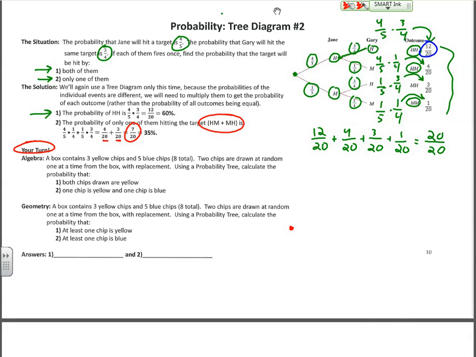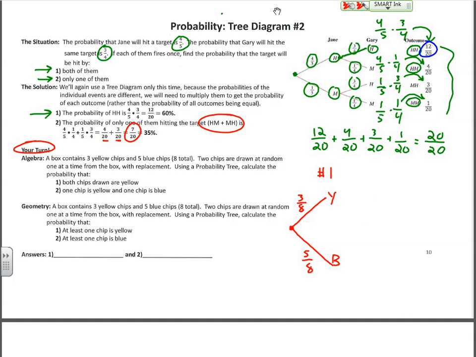We reach in the bag for our first draw, number 1. What could we get? Right? We could get yellow, or we could get blue. What's the probability of a yellow? Well, there are 3 yellow chips out of 8, so the probability is 3/8. What's the probability of picking a blue chip? There are 5 out of 8, so 5/8.